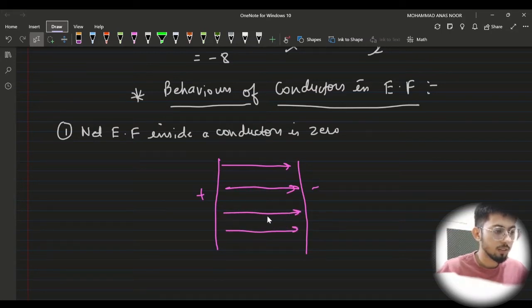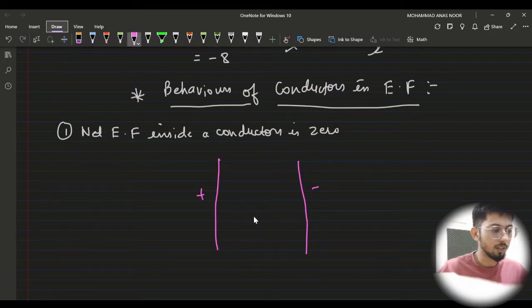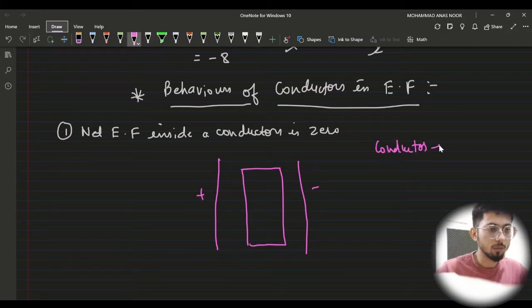Let's not draw the electric field because it's there, I just told you that it's there. Now inside this we are placing a conductor. As you know, conductors have free electrons to move. They can easily move from one place to another.